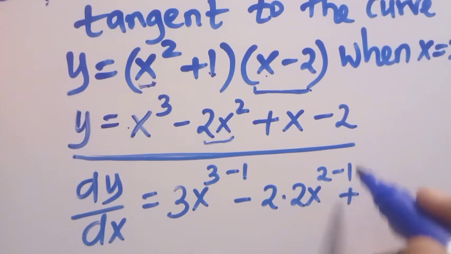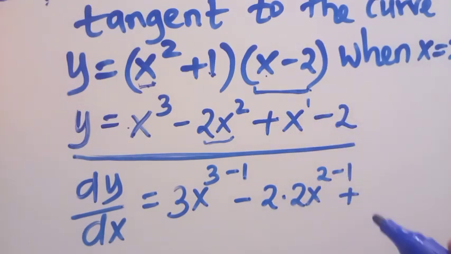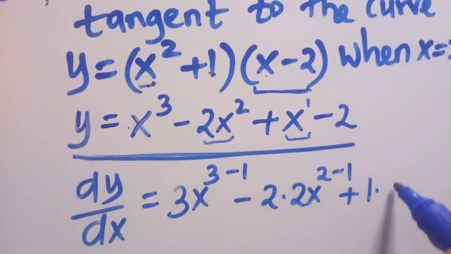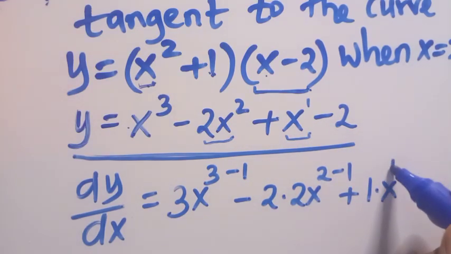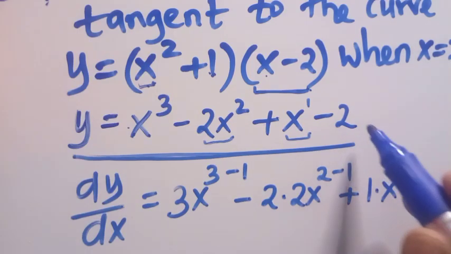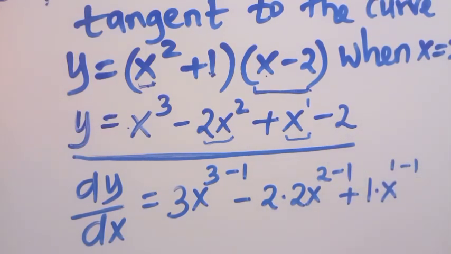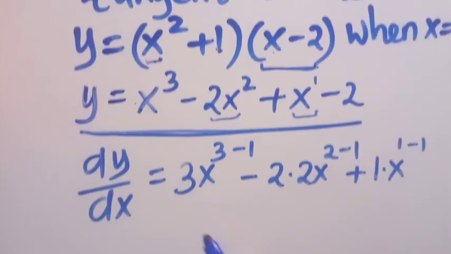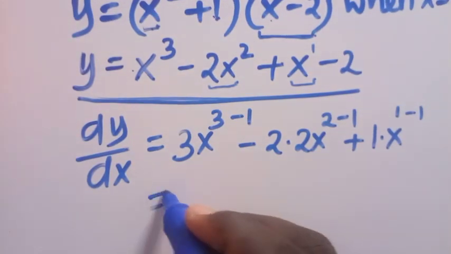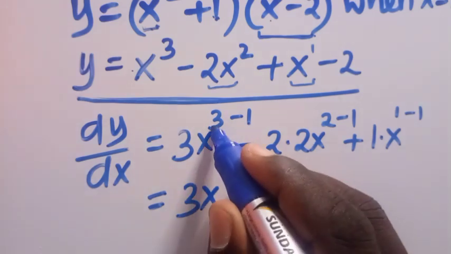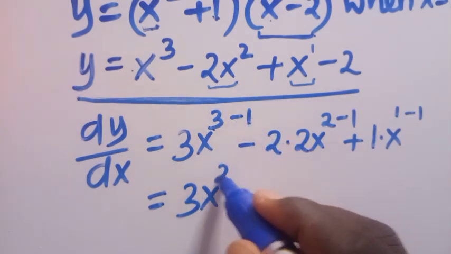Then plus, the power of x here is 1. So we bring that 1 times x raised to 1, then we reduce that power by 1. Now, as I always say, if you differentiate a constant, you will obtain 0. Now, this one will be 3x raised to 3 minus 1, which is 2.